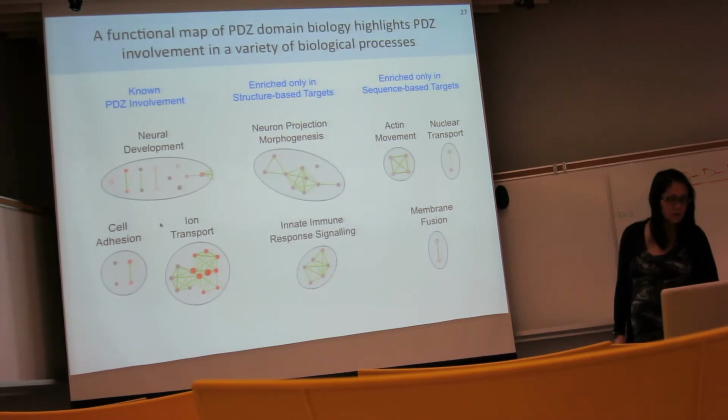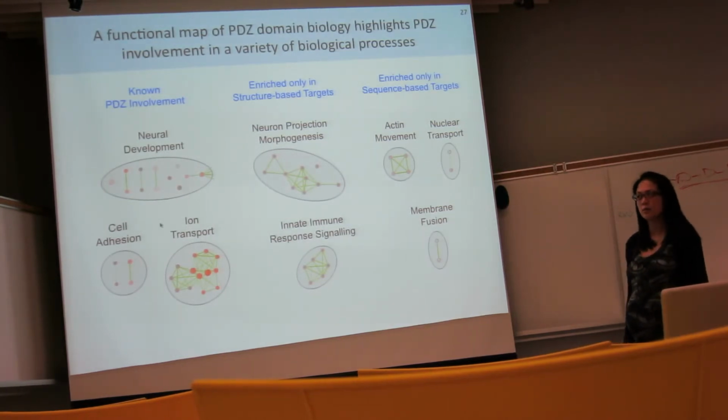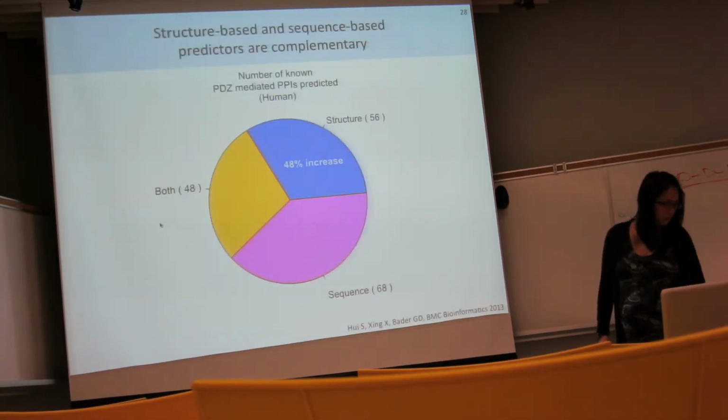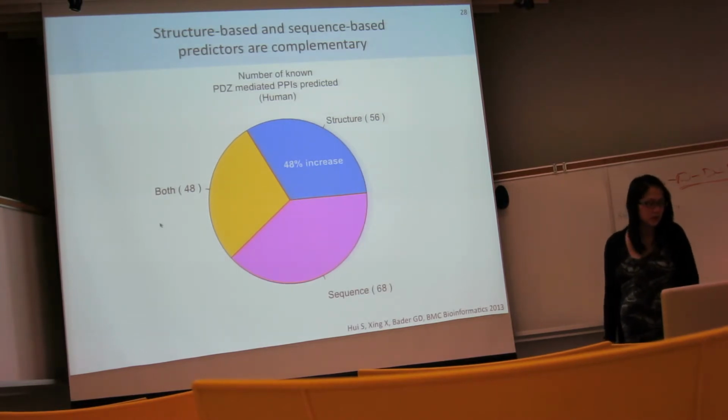So this map makes it easy to identify similarities and differences in biological function enrichment between structure-based and sequence-based targets. And in fact, these predictors are different, however they're complementary.